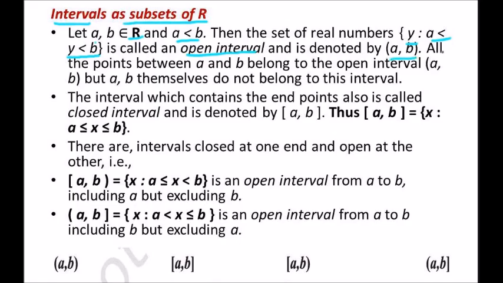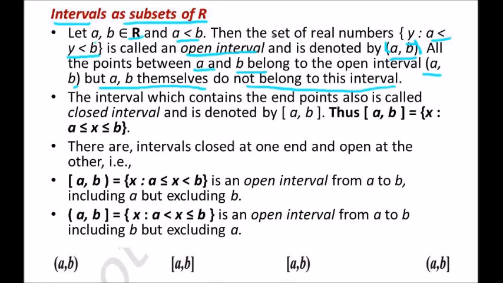The interval is put in brackets. Here, all the points between a and b belong to the open interval (a, b), but a and b themselves do not belong to this interval.